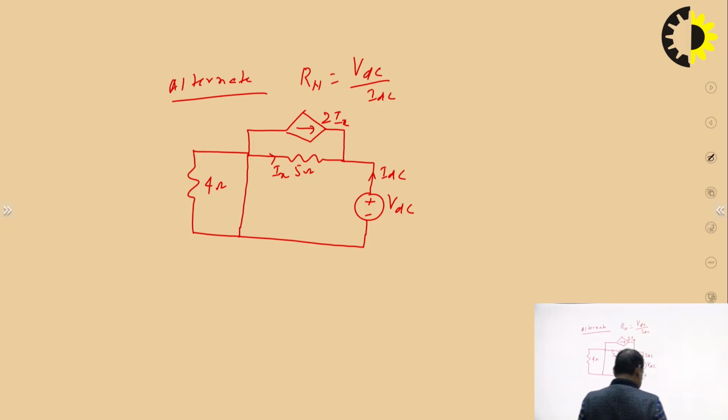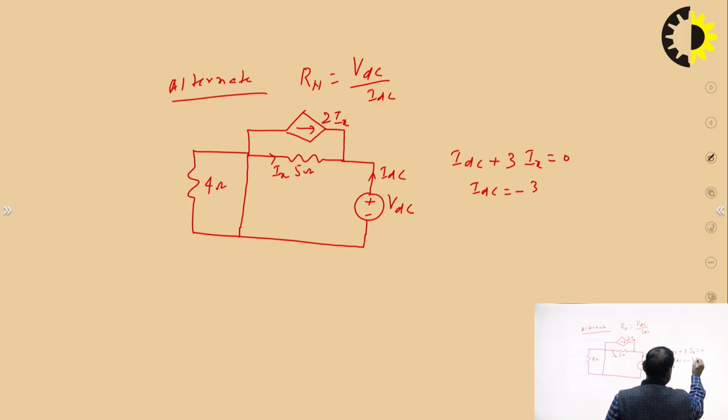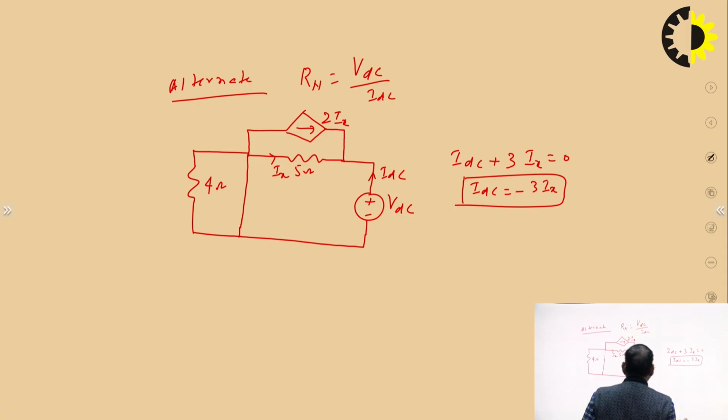So we can write IDC plus 3 Ix is equal to 0. Okay. So IDC is equal to minus 3 Ix. Okay. Now take the another example.